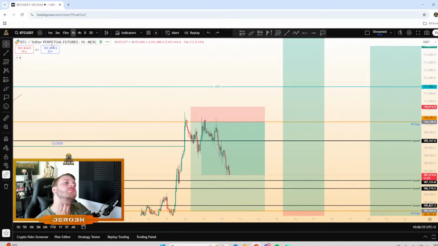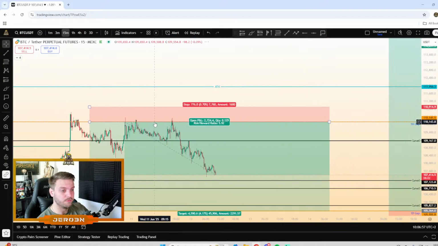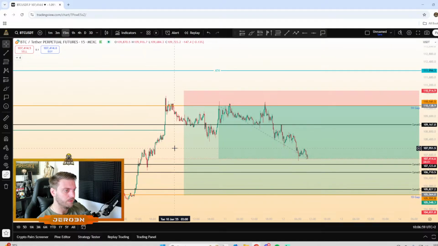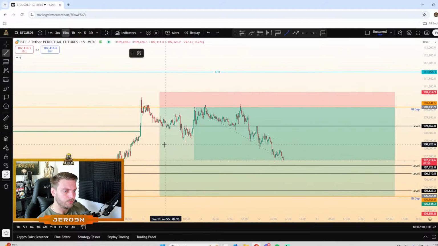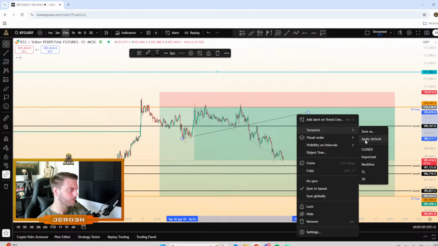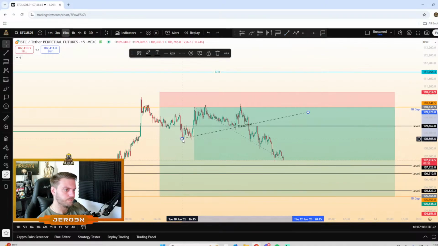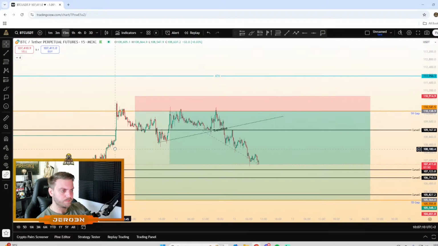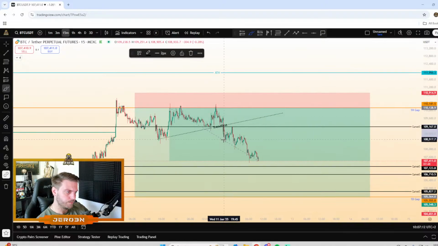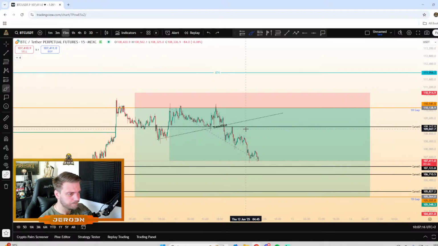If I dive into the 15, so it's a bit more clear, we created this new trend line yesterday, which broke. We had a retest on this level and then had continuation down.